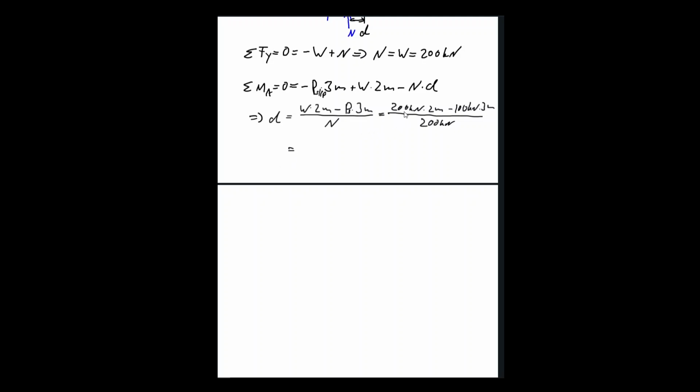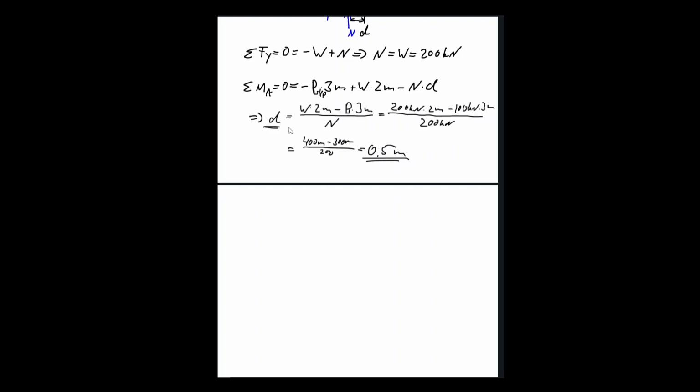That means the kilonewtons cancel out, so that would be 400 meters minus 300 meters divided by 200. That's 100 divided by 200, 0.5 meters.